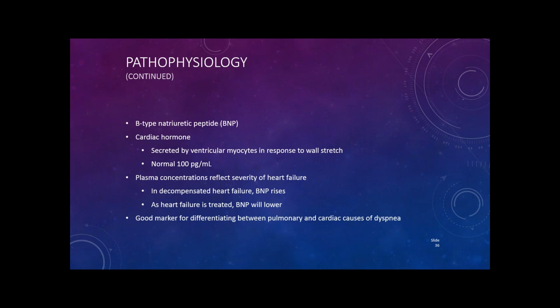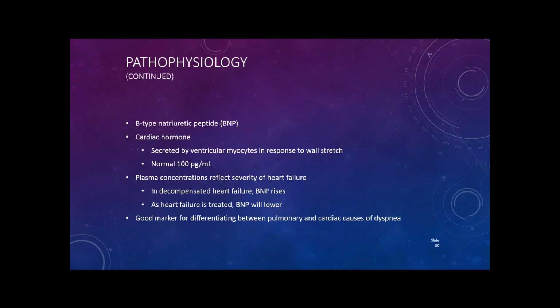I will tell you that I have actually seen BNP lab levels in the 800s and 900s, which is very severe heart failure. So the higher the concentration, the more severe the heart failure. Okay?